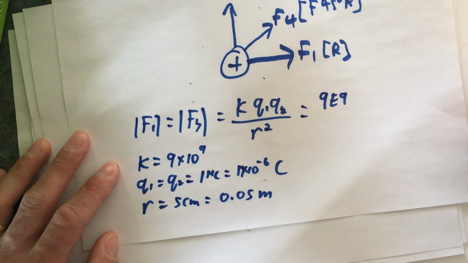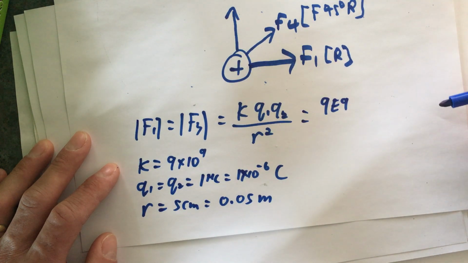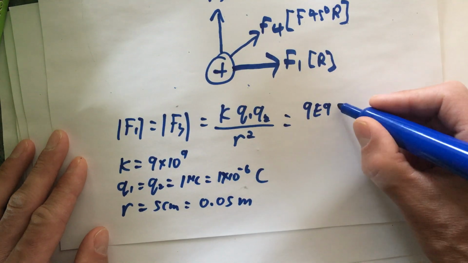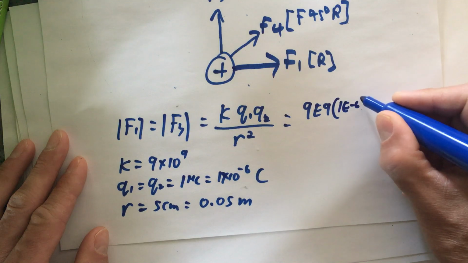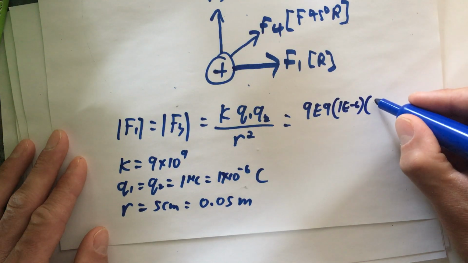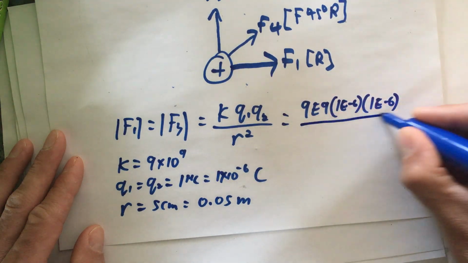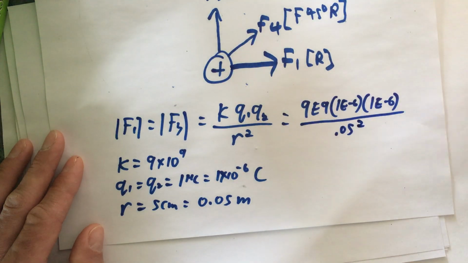And if you type that into pretty well any computer system, it's going to interpret it correctly and do the calculation for you. So I've got 9 times 10 to the 9 times 1 times 10 to the negative 6 times 1 times 10 to the negative 6. And that's all divided by 0.05 squared.